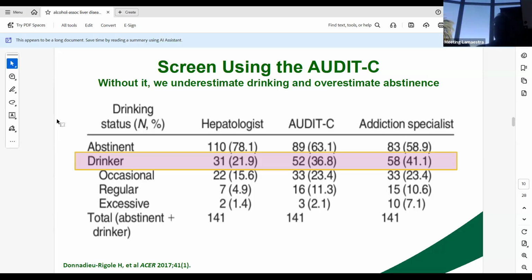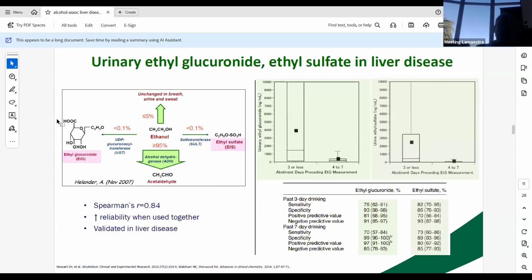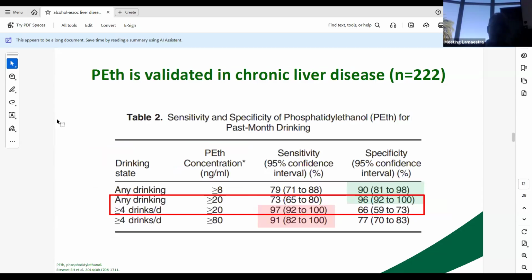Right now, we are switching to PEth testing. They did a urine test called ethyl glucuronide. I've never been able to get this test done, and it's okay, but the labs don't do it, so you can't use it. But PEth has been validated, and this concentration, I don't believe this 8 number.